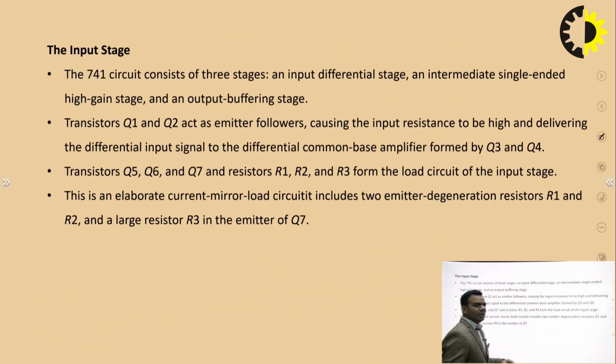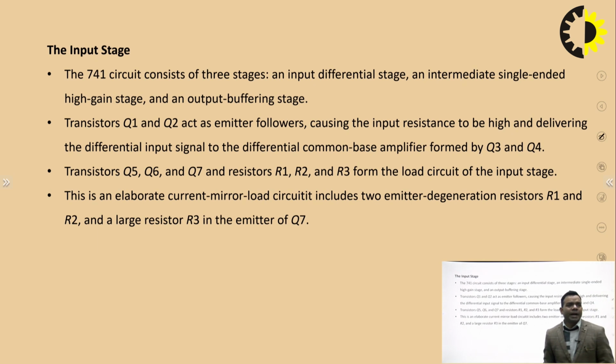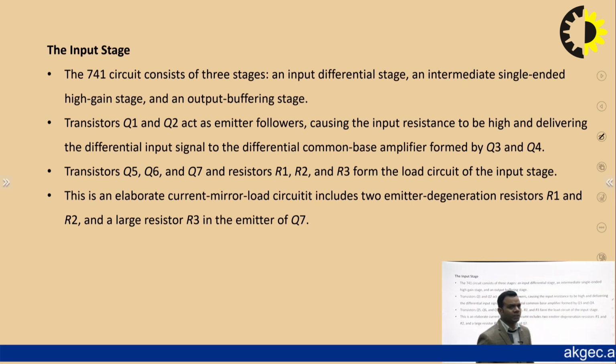And now, let us discuss a few more points related to the input stage. The IC 741 consists of 3 stages that we have already seen: an input differential stage, intermediate single ended high gain stage and output buffering stage.